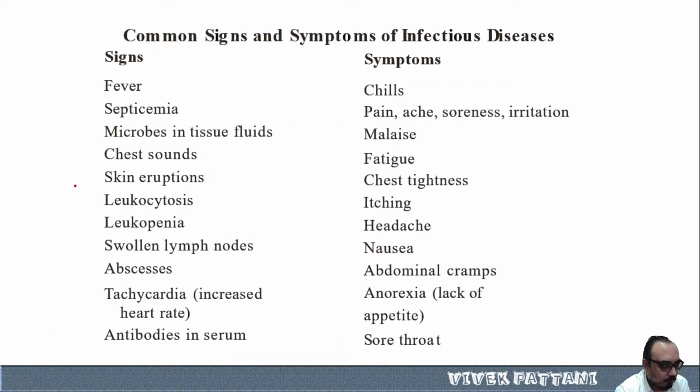Lesions you already know. Now these are some of the common signs and symptoms of infectious diseases.